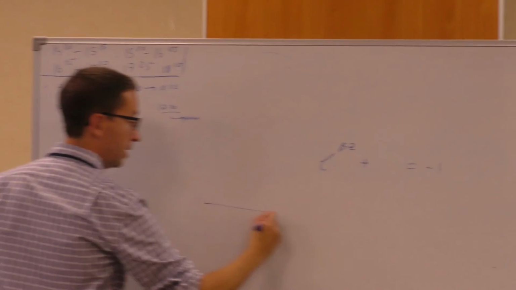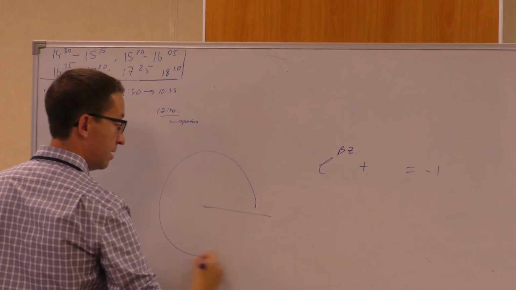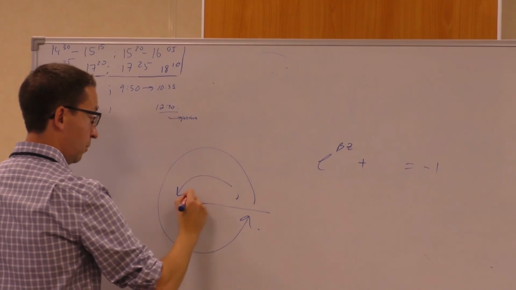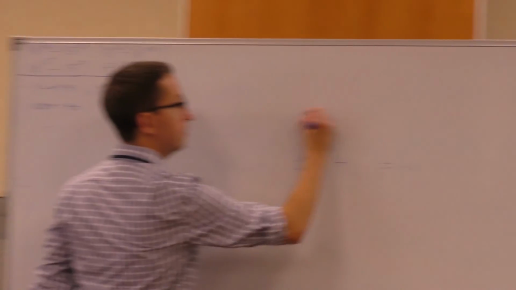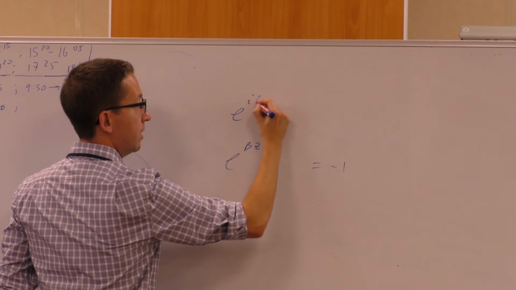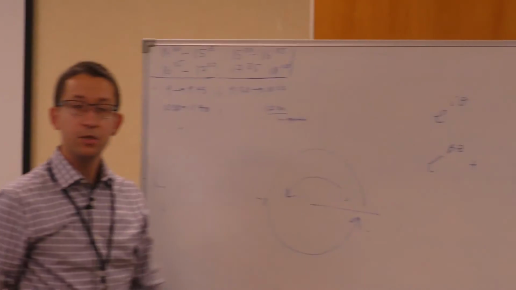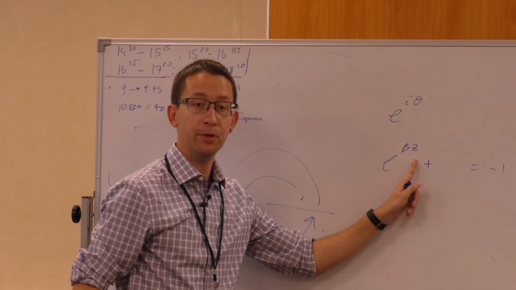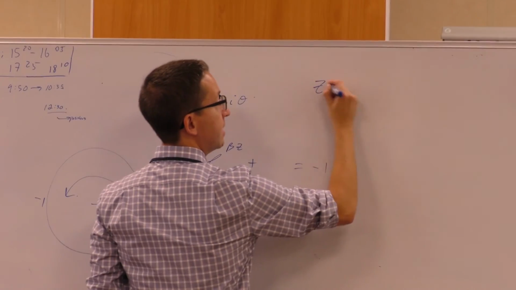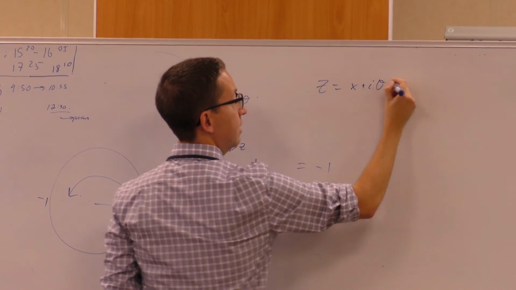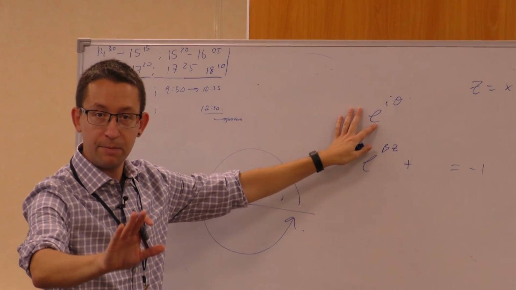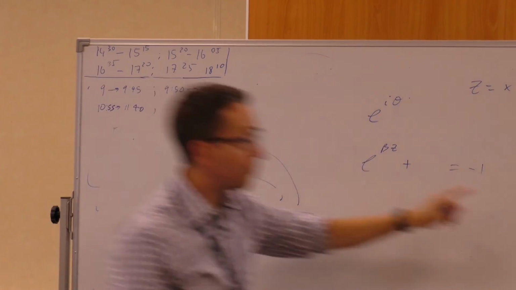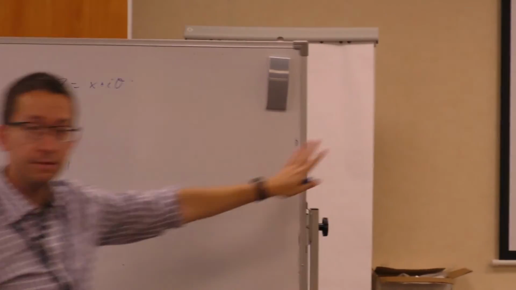So you have a complex phase, which has a minus 1, e to the i theta, okay? Z is a complex number. It can have a complex component. So say z is equal to x plus i theta. Don't worry about the x component. Just for now, think that it's completely imaginary, okay? Those poles are completely imaginary.